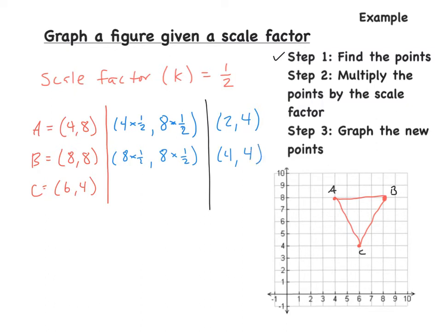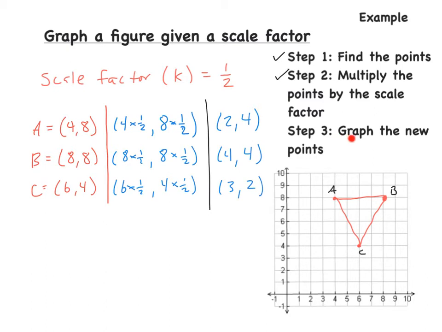So now we have a new point for B. Now C, we'll do 6 times 1/2, comma, 4 times 1/2. So half of 6 is 3. Half of 4 is 2. Now, we have our new points. So since we multiplied, there goes step 2.